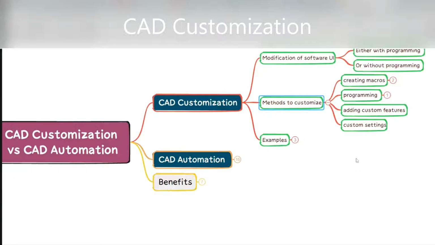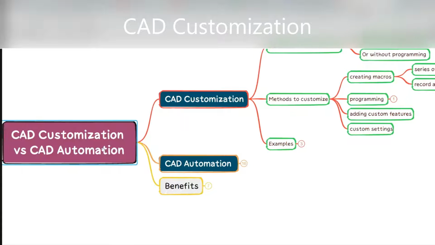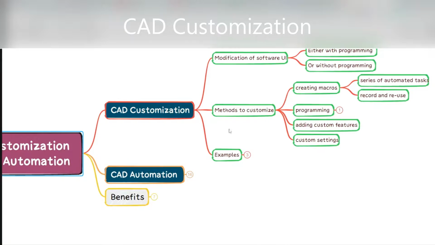When you are recording a macro and not touching anything inside it, then you are using programming, but not by doing any scripting by yourself. So once you create these macros, you can automate a series of tasks. As I said, you can record and reuse that to do the same repetitive work in just a click of a button.